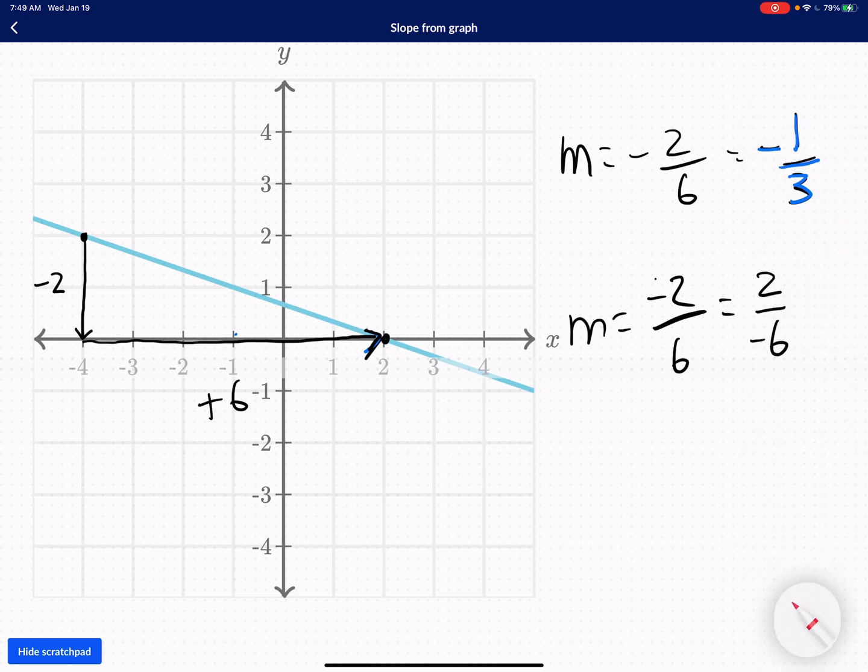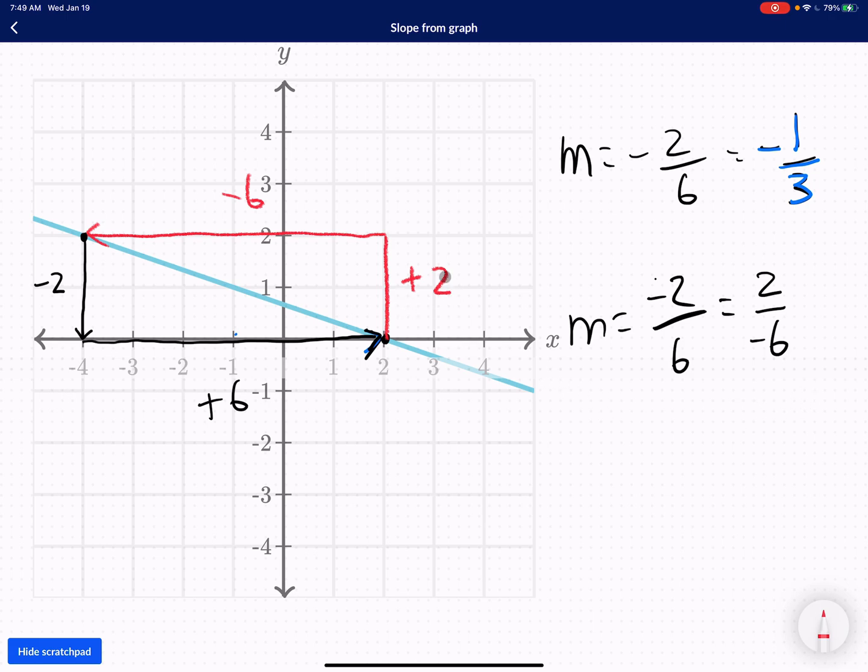As you guys can see, I'm going to do +2 right here, +2 over -6, right? We have to go left: 1, 2, 3, 4, 5, 6. That's to the left, -6.